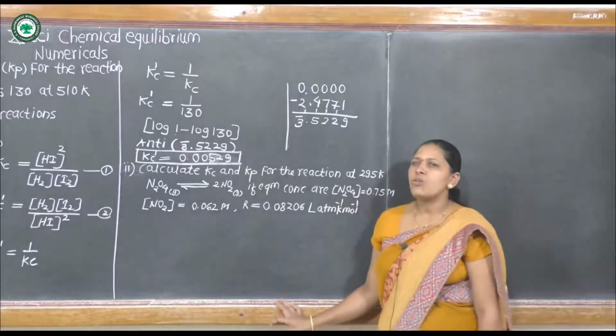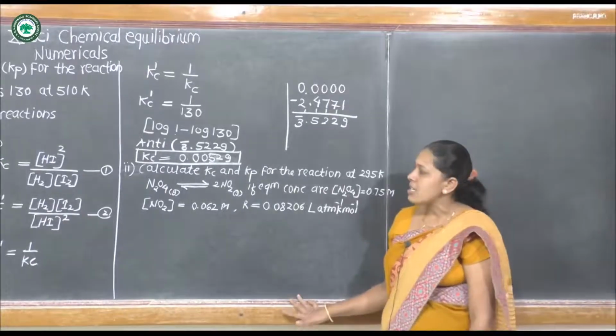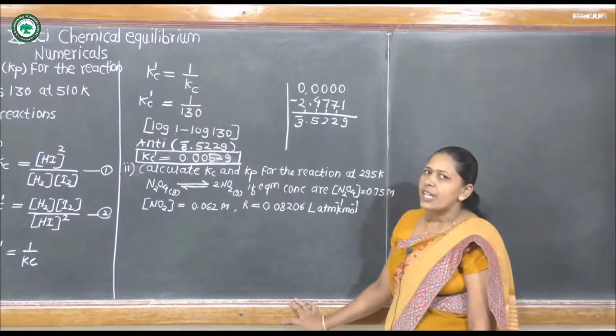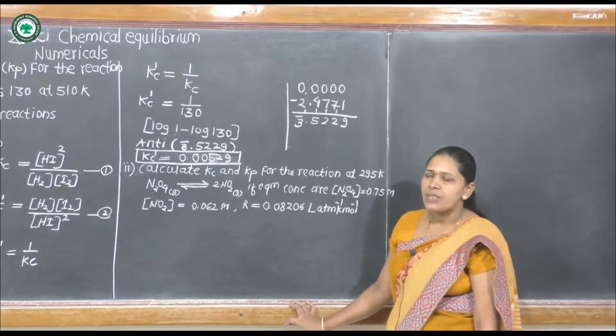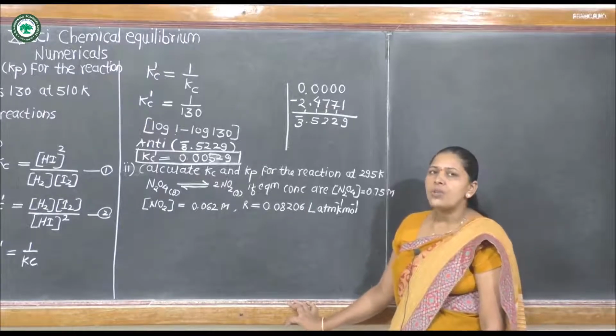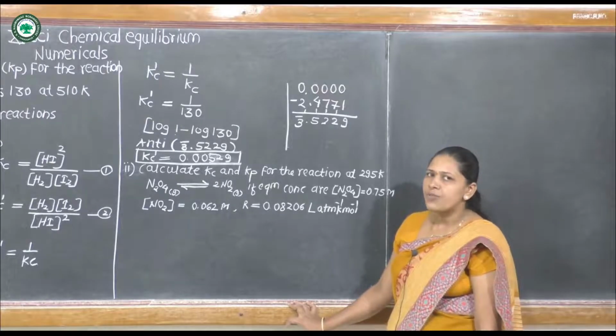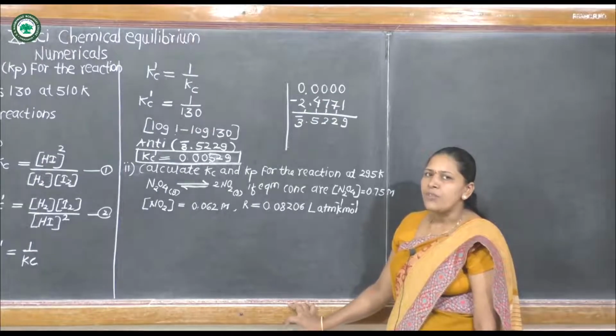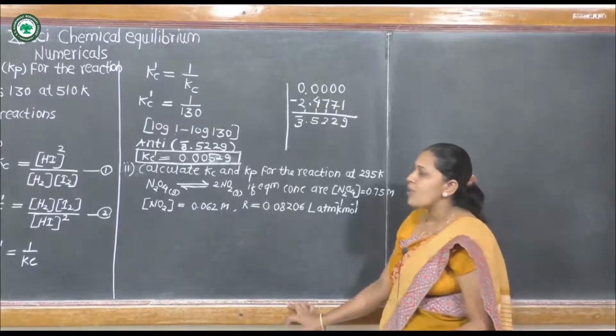Here we have to calculate both Kc and Kp. We know that relation between Kc and Kp. Kp is equal to Kc into RT raised to delta n. Therefore, for calculating Kp, first we have to calculate value of Kc.